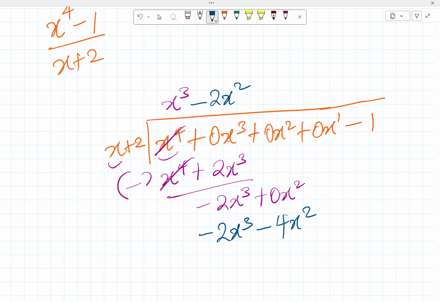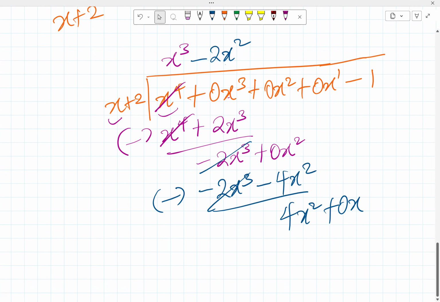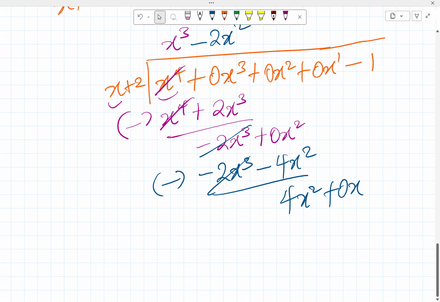Minus 2x cubed minus minus 2x cubed cancels out. Then we have 0 minus minus 4x squared, that is 4x squared. And then this is 0x, so we have 0x like this. We'll bring that down, and then we can go for another level.